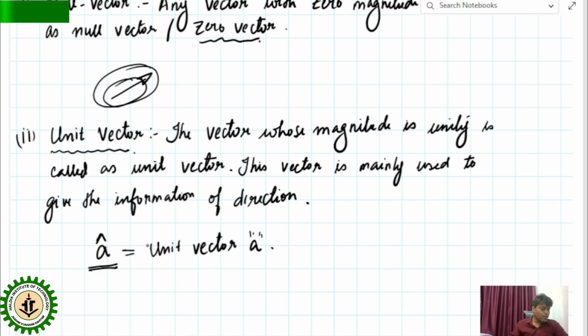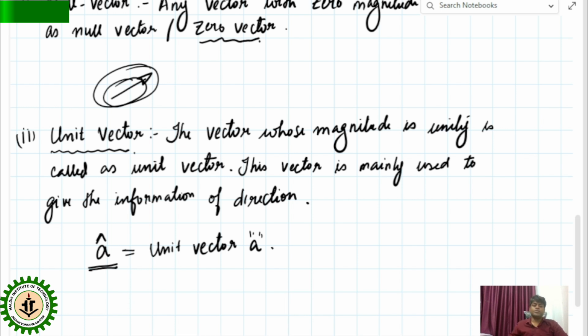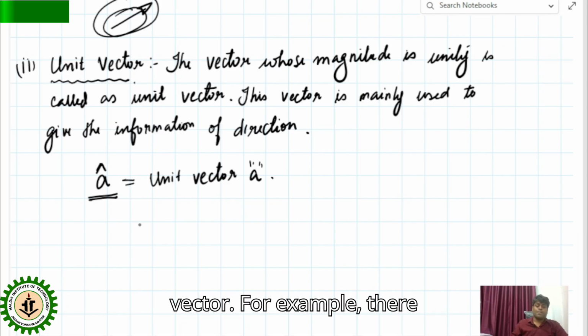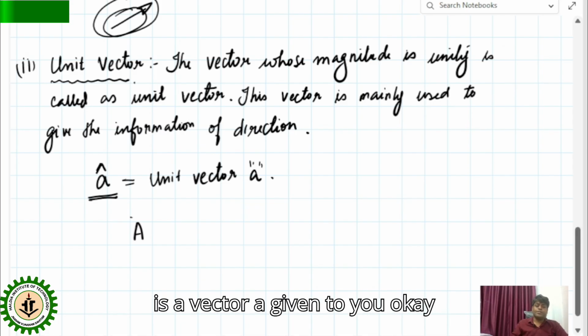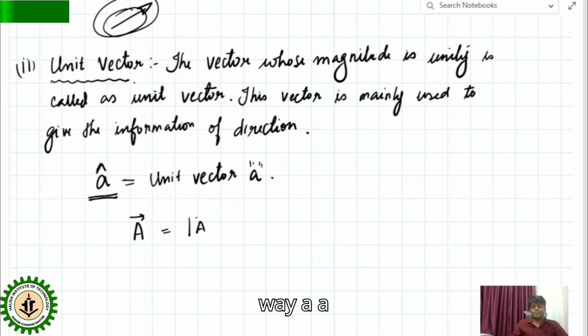Now any vector can be represented using a unit vector. For example, there is a vector A given to you. This vector can be represented in this way: A equals mod of A times A cap.